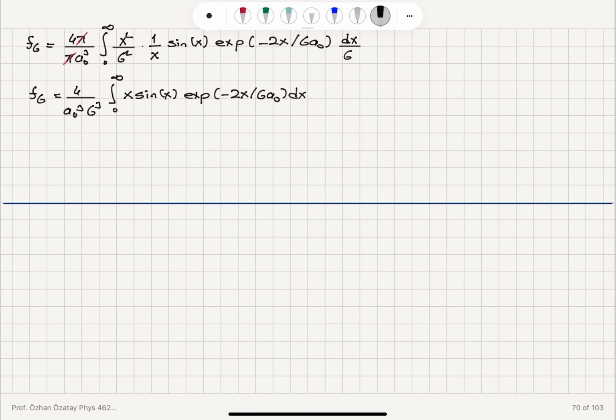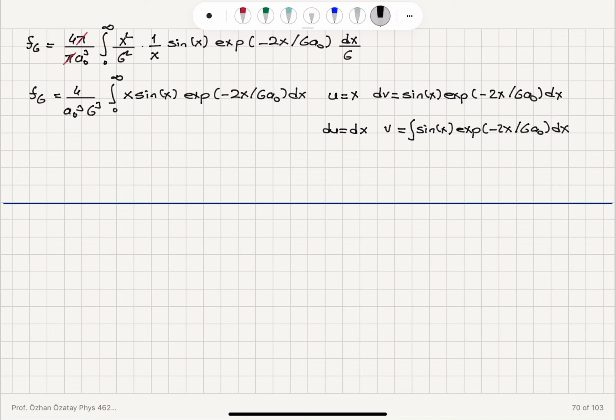Now, in order to perform this integral by integration by parts, I'm going to call u equal to x and dv equal to sin x exp(−2x/(ga0)) dx, so that du becomes dx and v will be the integral of sin x exp(−2x/(ga0)) dx.